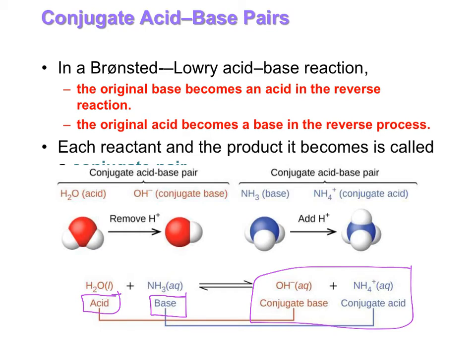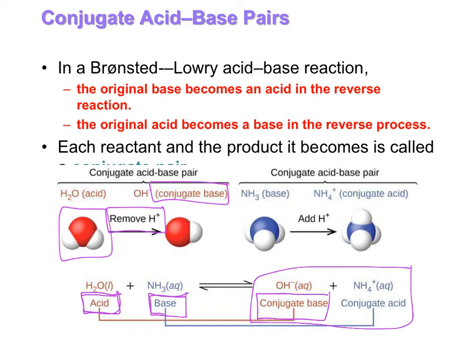For our original acid, we end up having a base that is like its little pair. So our original acid is right here, H2O. When you take off that proton from it, you get its conjugate base, which is OH minus. So the conjugate base is what you have left over from that original acid, after giving away its proton.